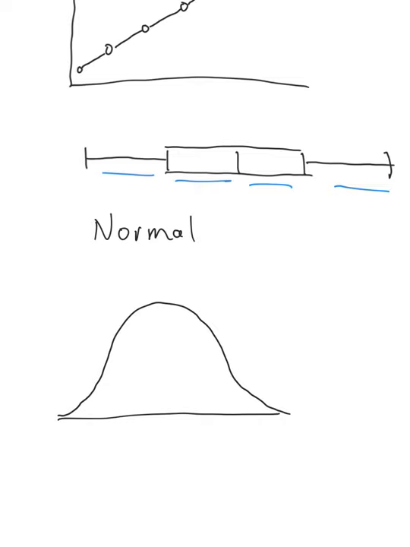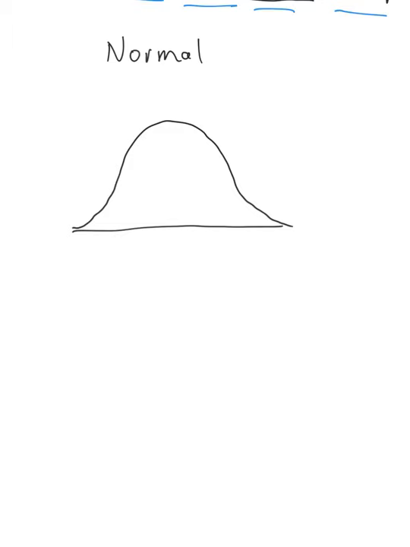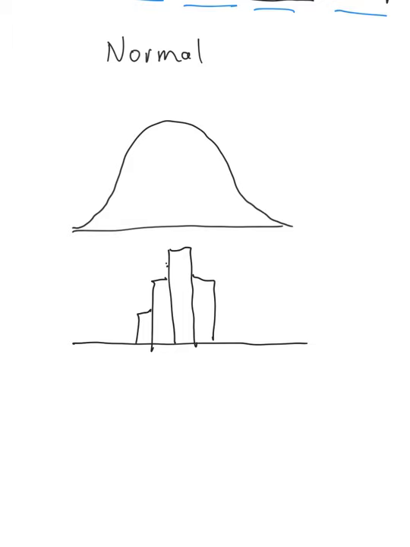And if I were to draw a normal graph as a histogram, it has a peak, and then as it goes down, there are these other bars here, and it's symmetric this way, like so. So this would be our normal histogram.